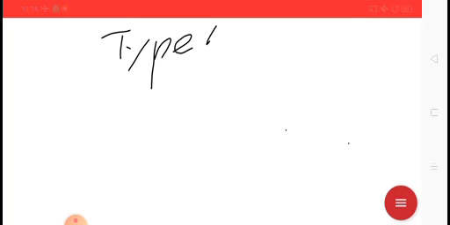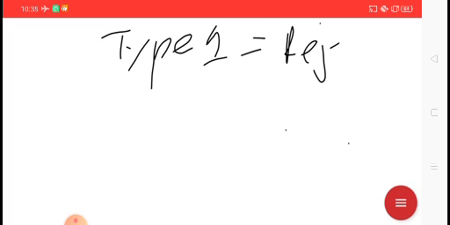Okay, we repeat again for the type 1 and type 2 error. So for type 1 error, the key point is type 1 will be reject H naught.